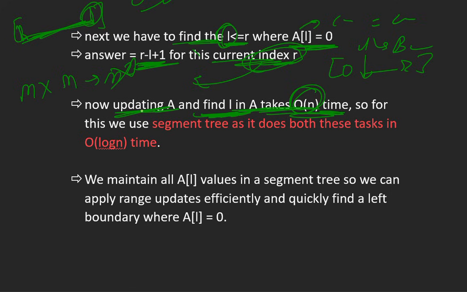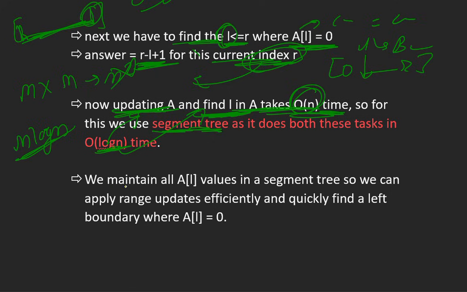How can we do it? For that we will use a segment tree, as a segment tree takes only log of n time in updating and log of n time in finding L. So our time complexity will be n log n, and that is feasible as per our constraints, right?